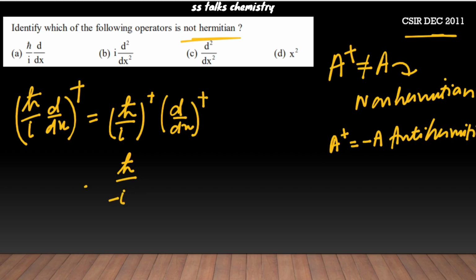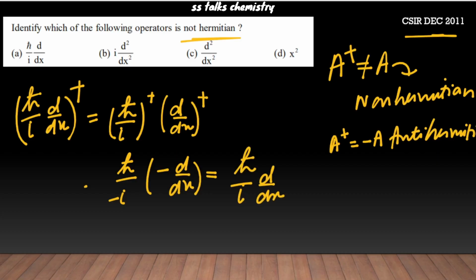Next, d by dx dagger is equal to minus d by dx. We know this thing. So negative negative will become positive. So it becomes h cut upon iota d by dx. Again the same operator we are getting. So this given one is Hermitian in nature, so this can't be the answer.